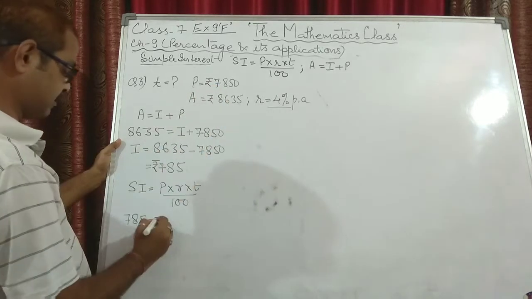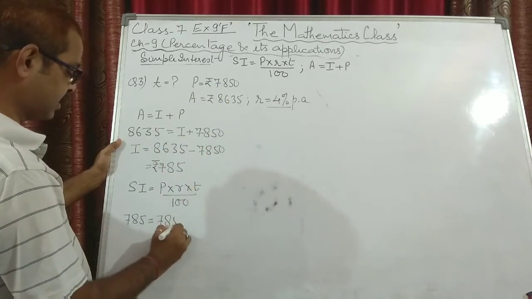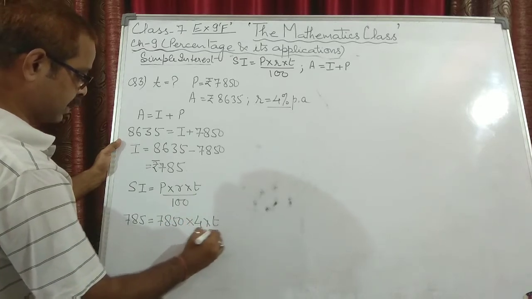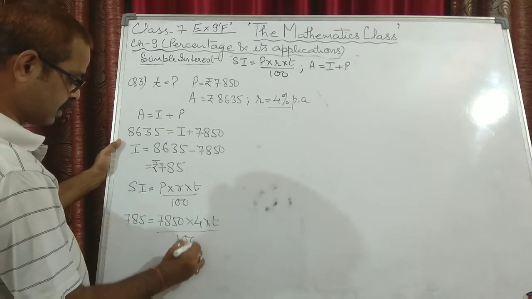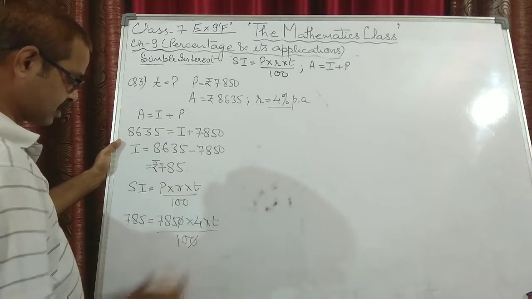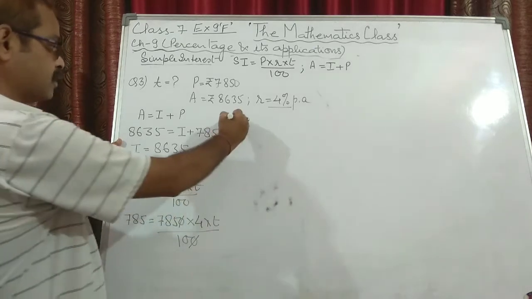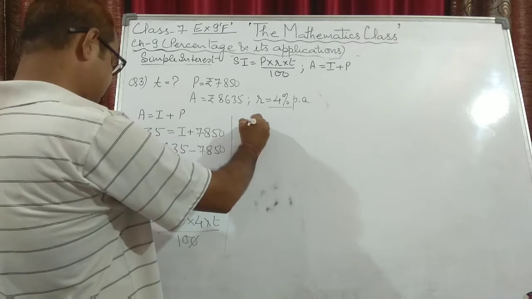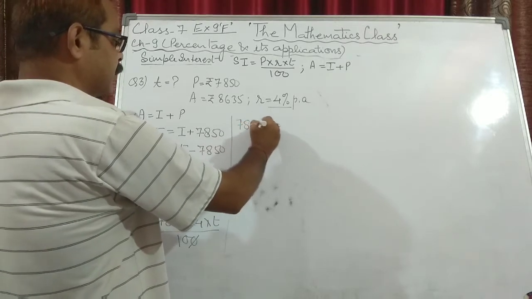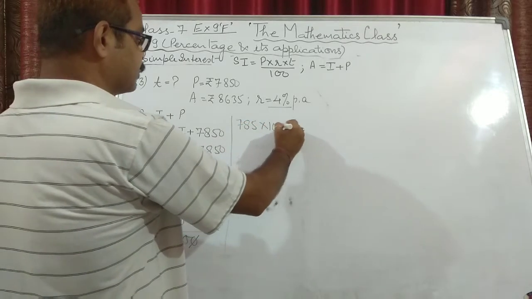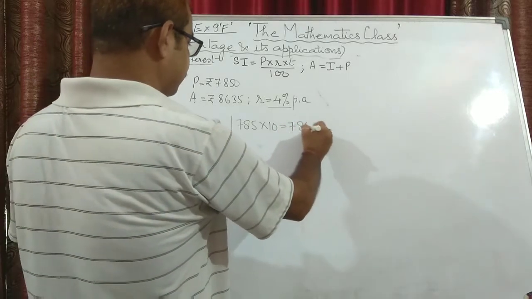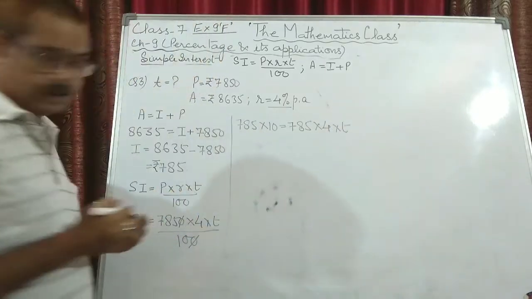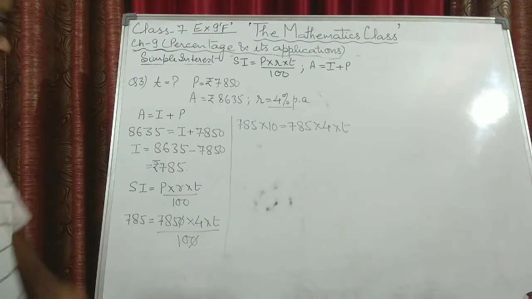Principal is given, 7,850. Rate is 4%. Time we have to find out, upon 100. So 0 and 0 cancelled. When you cross multiply this, it will be 785 into 10 is equal to 785 into 4 into time.